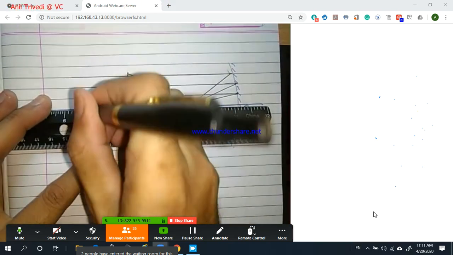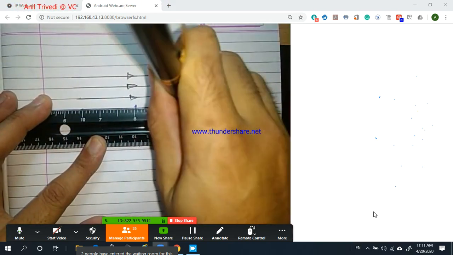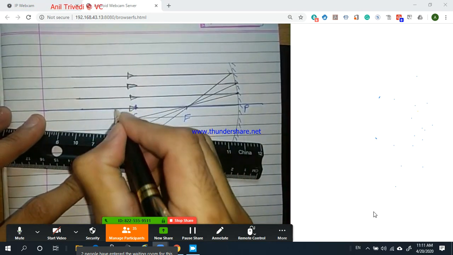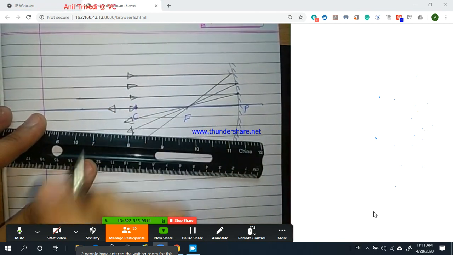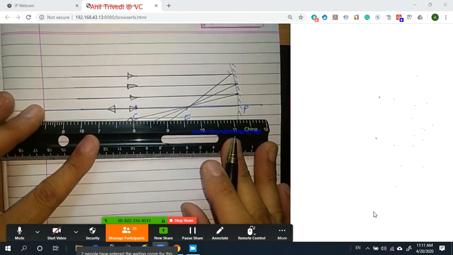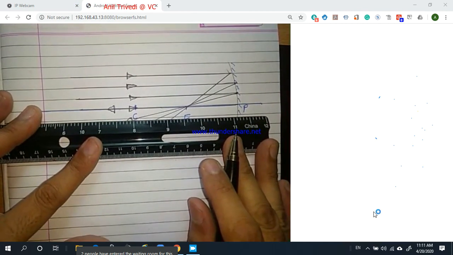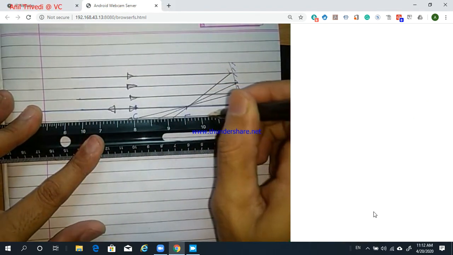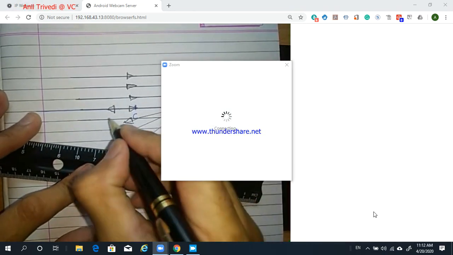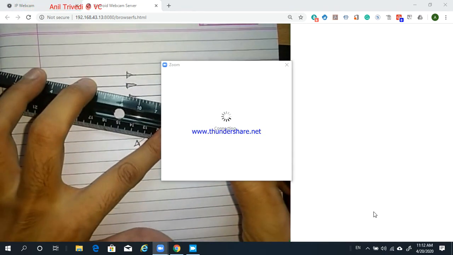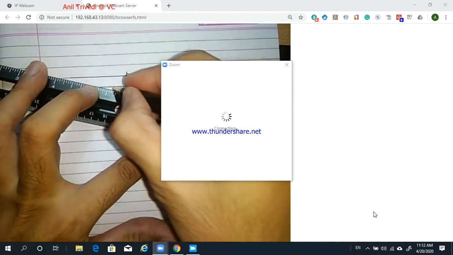A ray parallel to the principal axis was going this way and returned back the opposite way. Same way, if I continue, this is the incident ray, and after incidence it will pass through the focus.